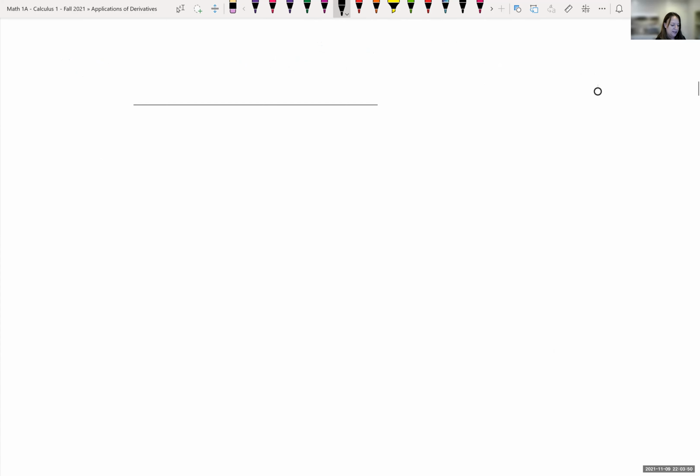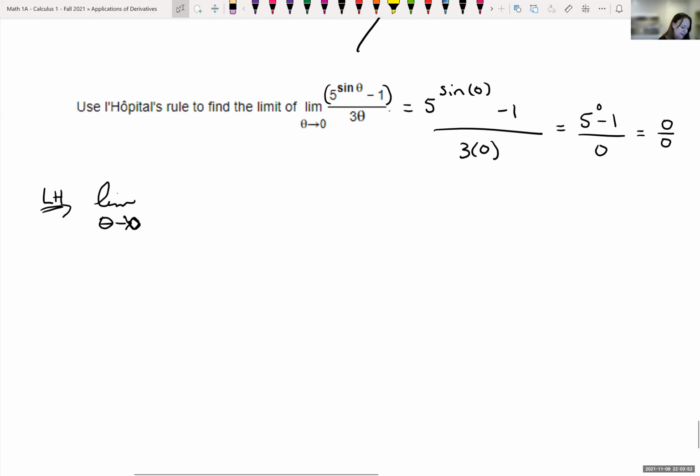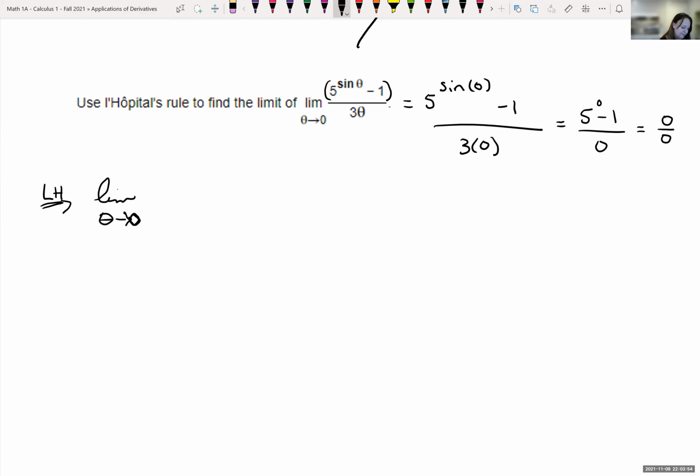And so when I take the derivative, that's going to give me natural log of 5 times itself, 5 to the sine theta, times the derivative of my exponent. So derivative of inside sine theta, that's cosine theta. Minus the derivative of 1 is 0. All over derivative of 3 theta, that's just going to give us 3.